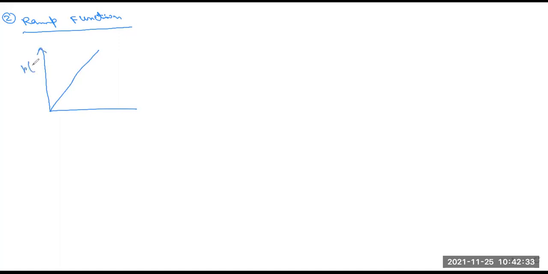This is R(t), the input function, always with respect to time. And this slope is basically called R. Also, the starting point is 0. As the time increases, the slope also gradually increases in value.